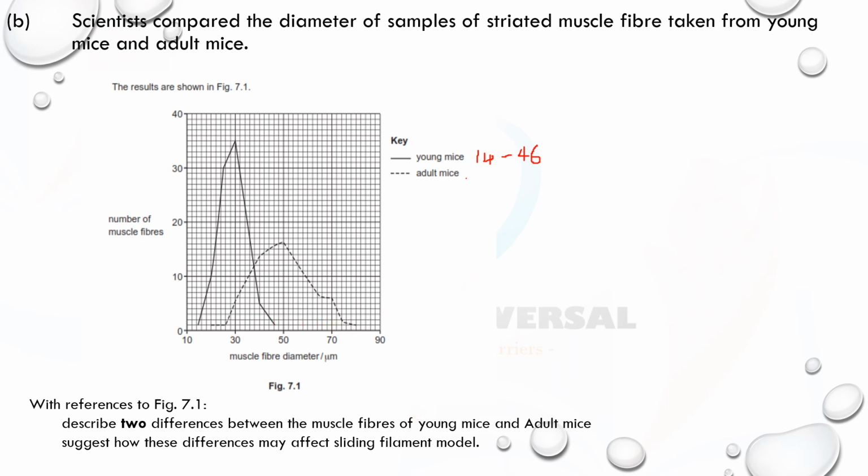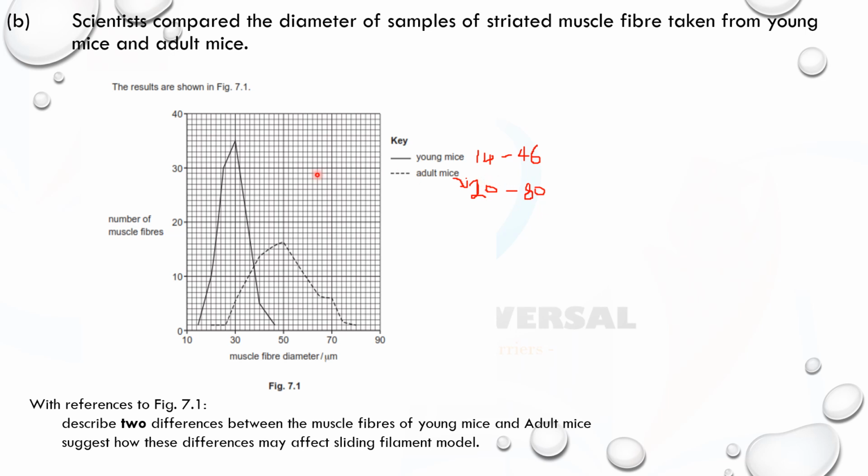Wow, that's much. It's good to cite data. So which one has the wider range? Adult mice have a wider range of diameter. The range of diameter is wider in adults, 20 to 80, than in young mice, 14 to 46. So that is one difference.